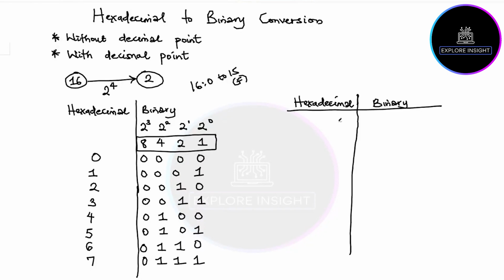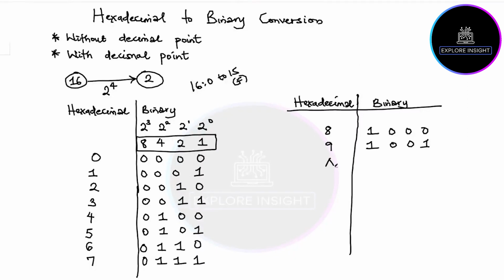Okay, so let's continue for 8. In 8, we're going to have just this 8 turned on, and every other one will be off. So we have 1, 0, 0, 0. And for 9, it means 8 plus 1 will give us 9, so that will be 1, 0, 0, 1.